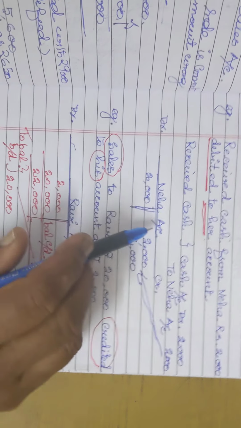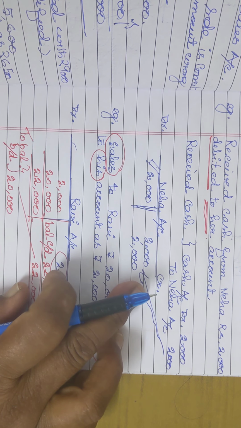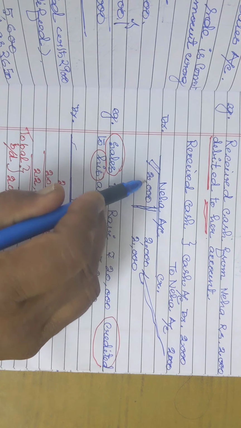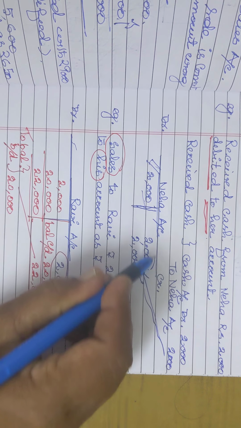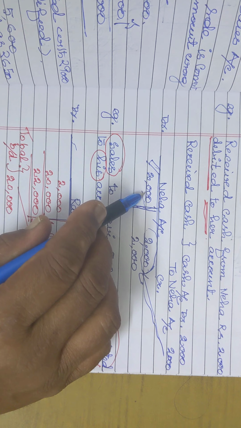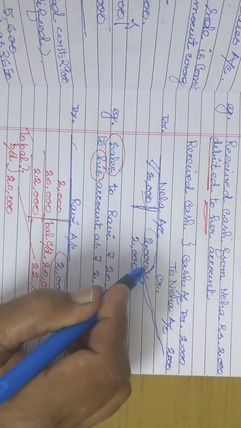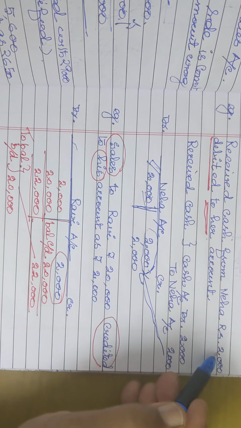So first what we have done? We have debited her account instead of crediting her account. So what we have to do? We have to remove this. In order to remove this, we have to go to the opposite side so that this balance is decreased to 0. Same amount when we put here, this account becomes 0. But I want to credit Neha with 2,000 rupees.